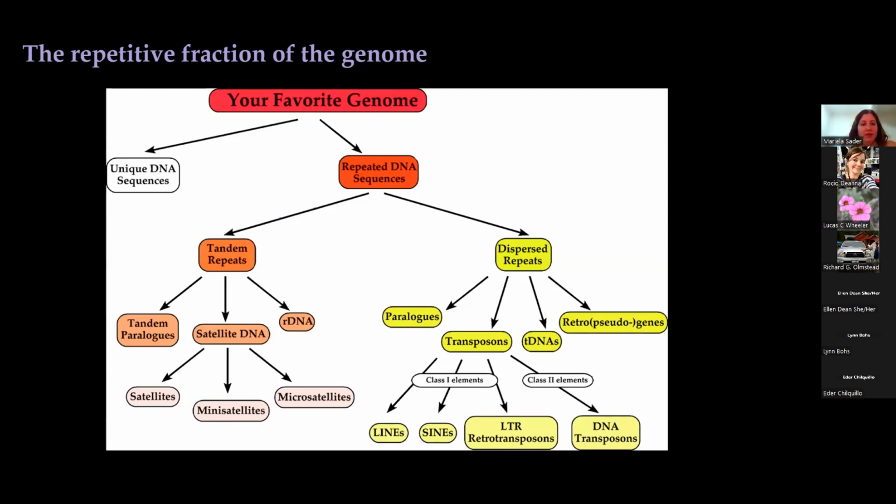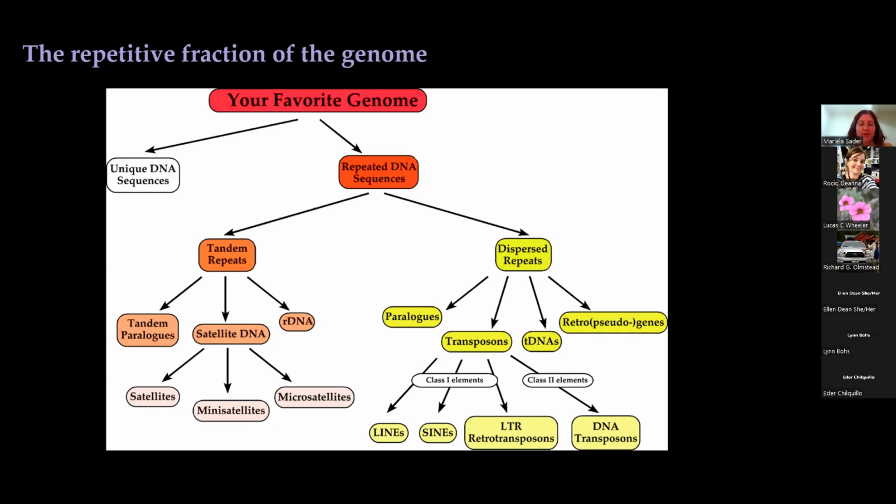But what are these repetitive sequences and how are they classified? In each genome, we have single copy sequences like genes, and repetitive sequences. These repetitive sequences can be tandemly repetitive DNA sequences, that means they are distributed next to each other in a head-to-tail arrangement. These are called satellites or ribosomal DNA.